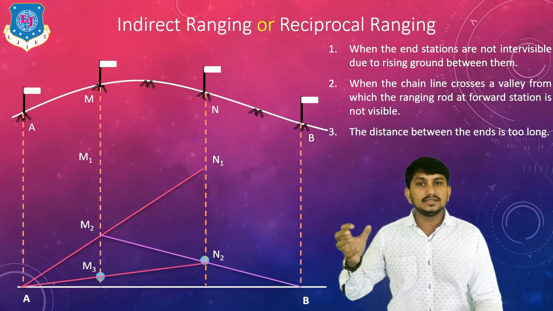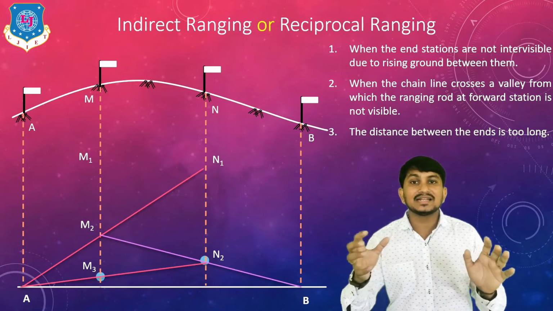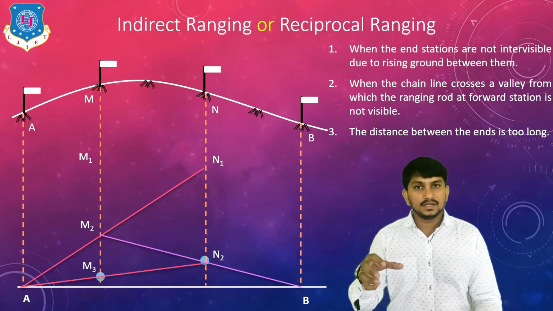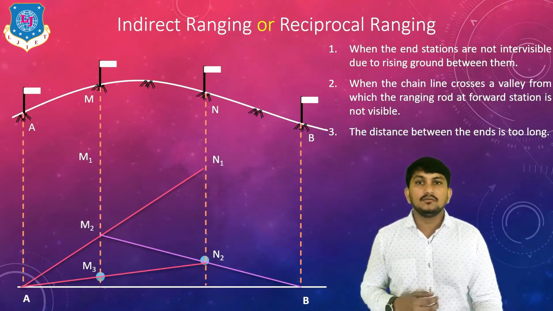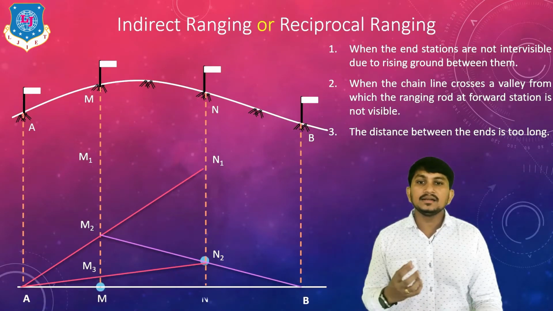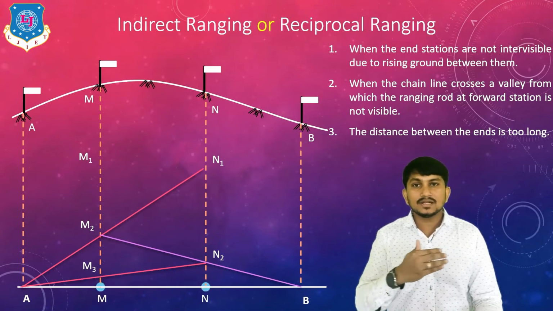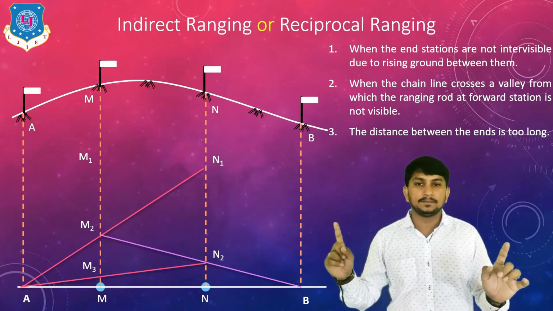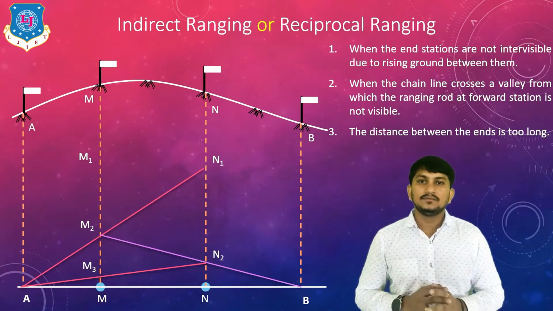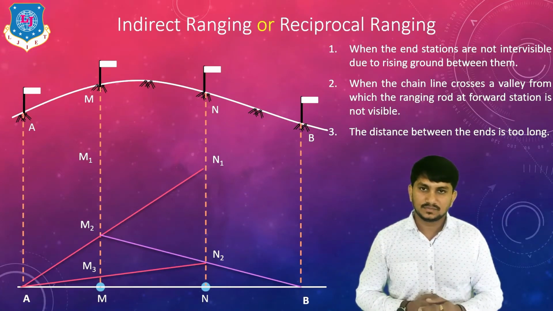These three processes are done by direct ranging, which we discussed just before this topic. If we continue these processes, we can achieve two points M and N on the straight line between the two endpoints A and B. These M and N are the intermediate points for this chain line.